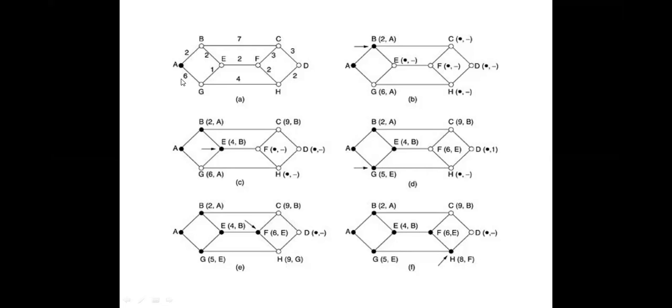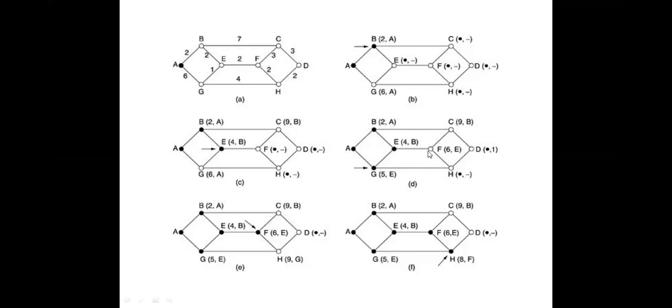A to G is 6, but A to B is 2, B to E is 2, plus E to G is 1. So total 5. So instead of 6 comma A, it is better to have 5 comma E. So we fill G with 5 comma E. That means this is the best path. From E, it is the best path to go to G.